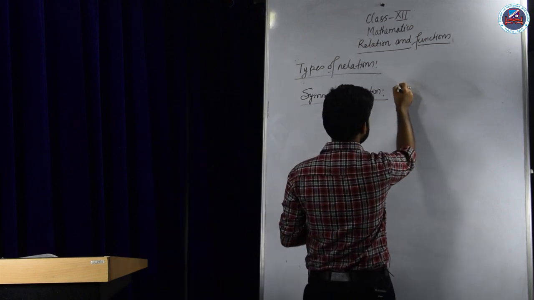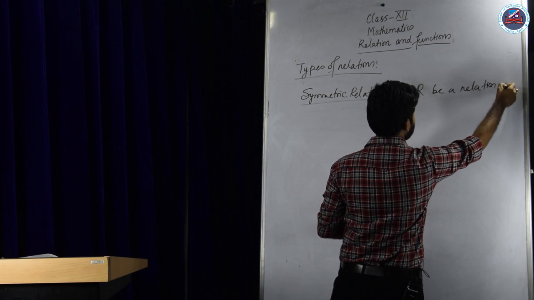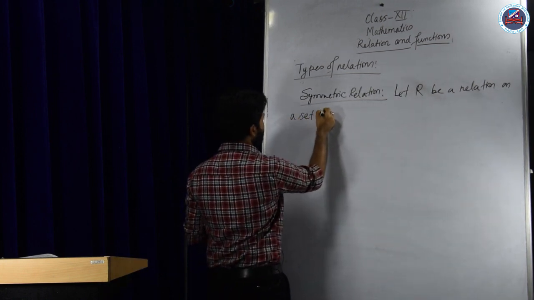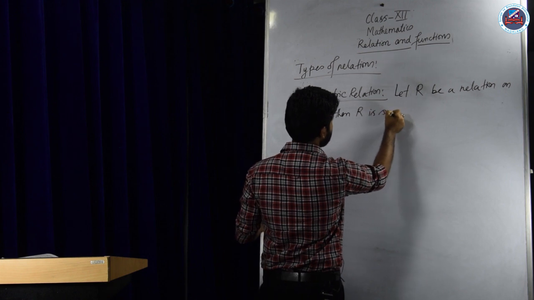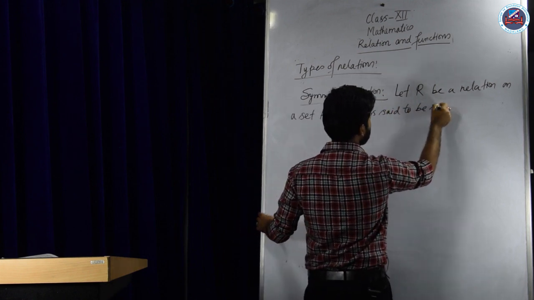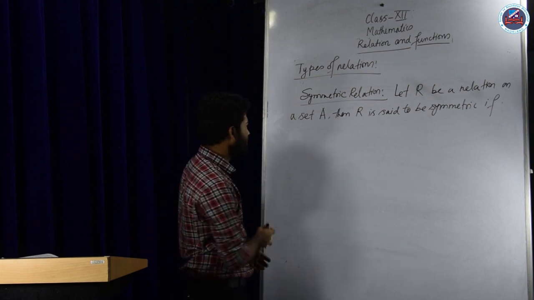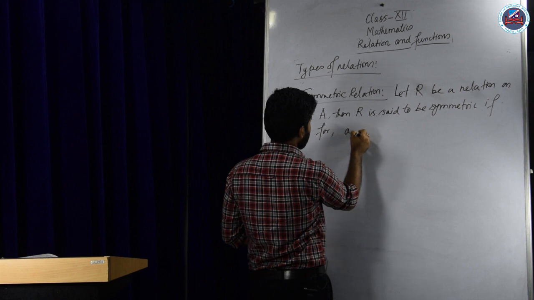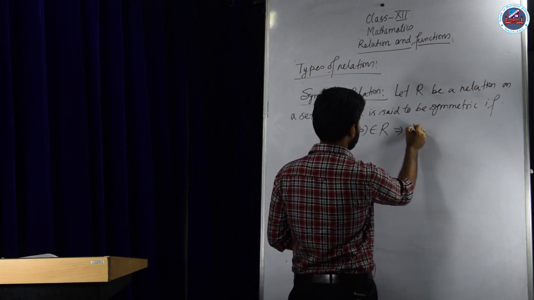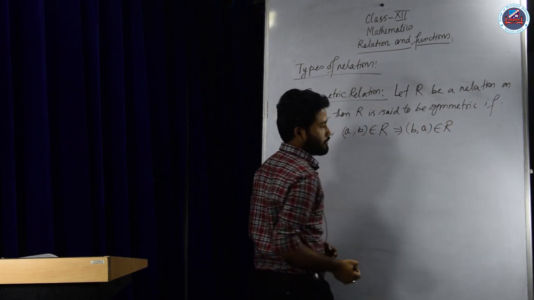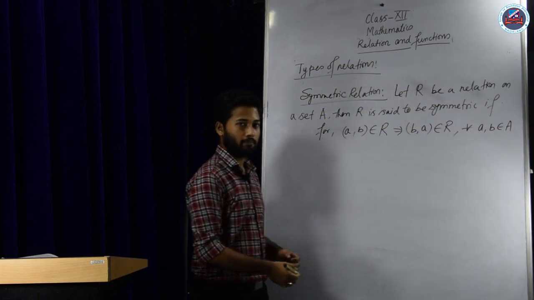To define a symmetric relation, let R be a relation on a set A. Then R is said to be symmetric if, when (a, b) belongs to R, we must have (b, a) belonging to R, and this must happen for all a, b belonging to A. Clear?